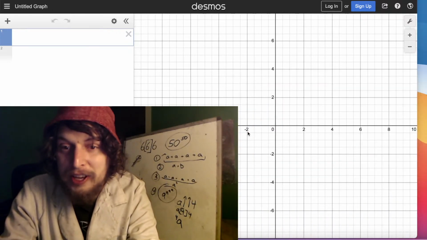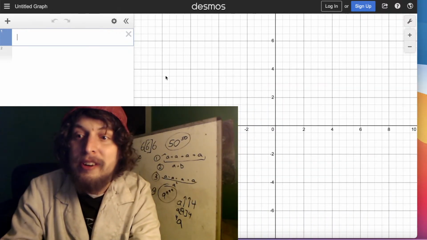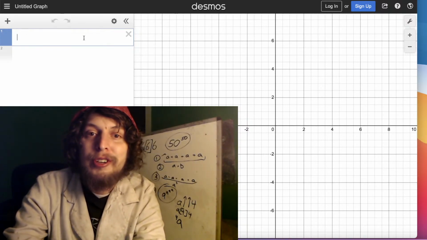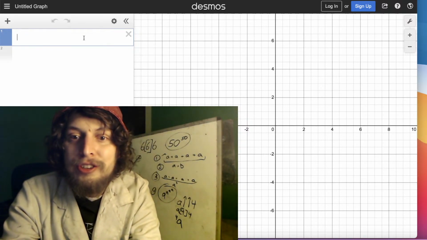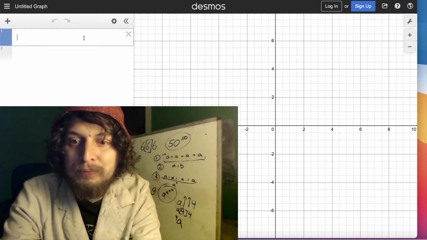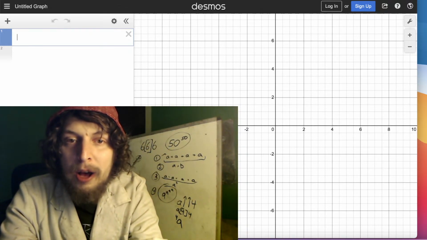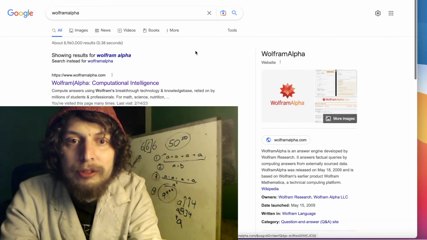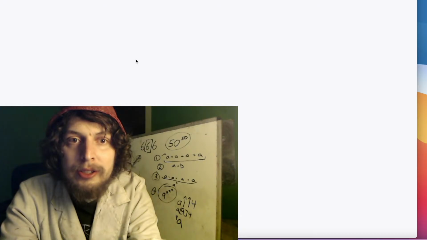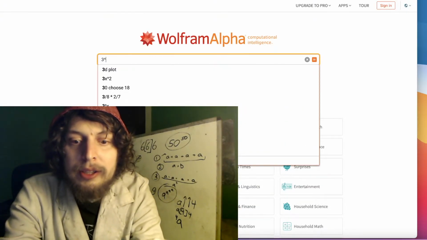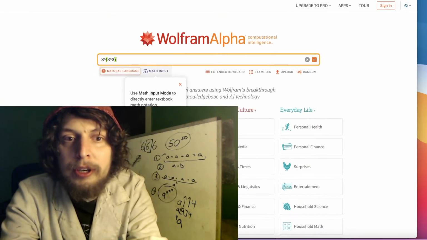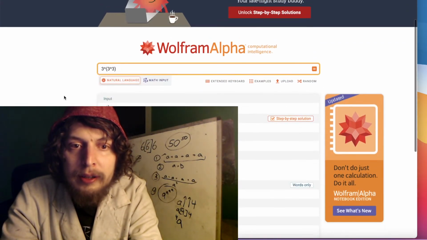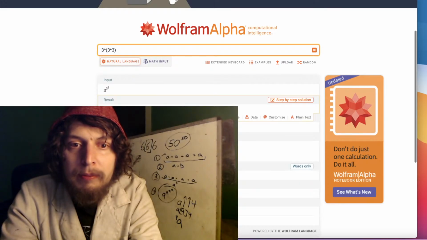I need a second monitor for all that stuff, and maybe I'll get that before grade -2. And here on Wolfram Alpha, before Desmos, we are going to just look at what 3 tetrated to 3 is. And just to make sure we get this right, I'll put 3 to the power of, putting these in parentheses, because that'll tetrate it. And, yep.